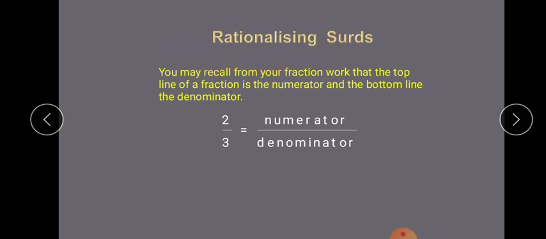For example, if I want to convert from root 2 to 2 or root 7 to 7, then that process we call rationalizing. So while solving problems, the question comes to rationalize surds. How to rationalize surds, we will learn in detail.